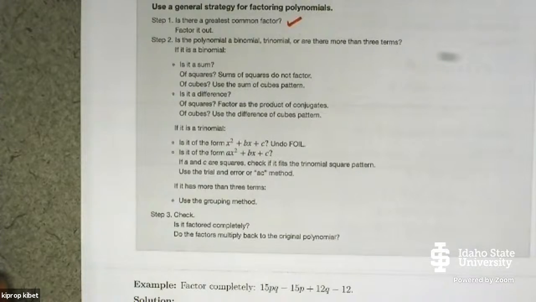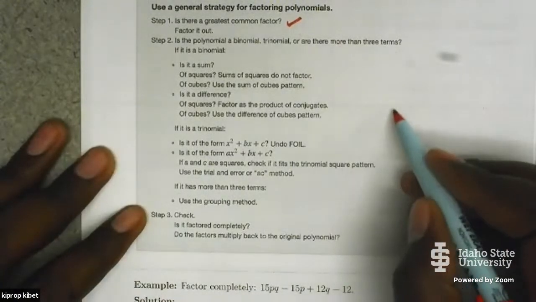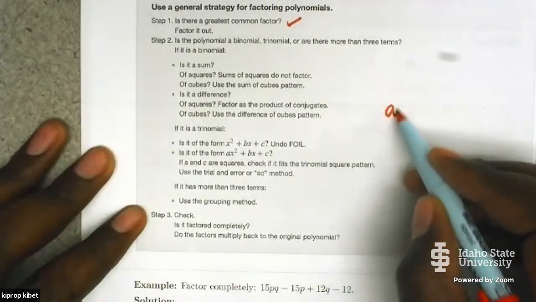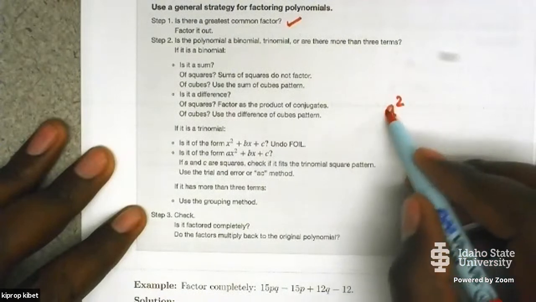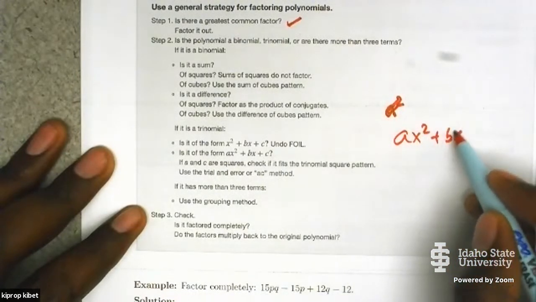Okay, so these are what we have really done. You're given a very big polynomial. A polynomial is of the form, let's say, ax squared plus bx plus c.